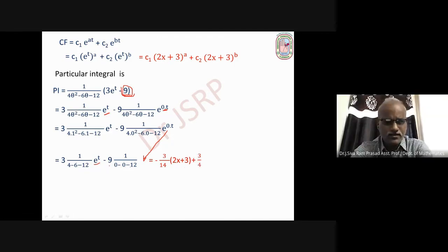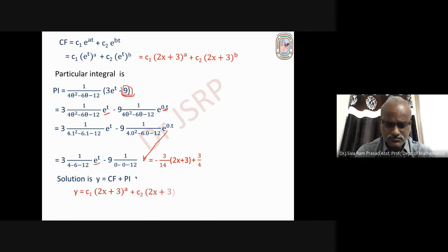Here this is minus 12, minus or minus plus 9 by 12, that is 3 by 4. So this is the particular integral. Then the solution is y equals CF plus PI. Write these CF and PI. So here a is 3 plus root 57 by 4 and b is 3 minus root 57 by 4.